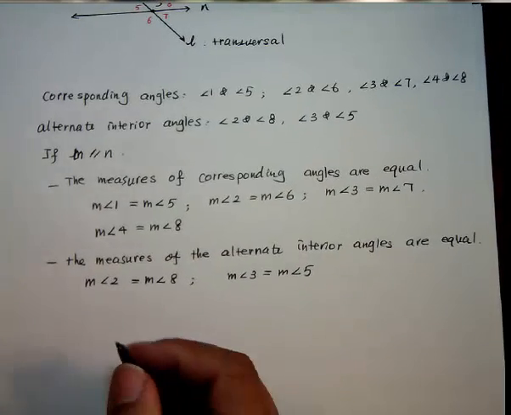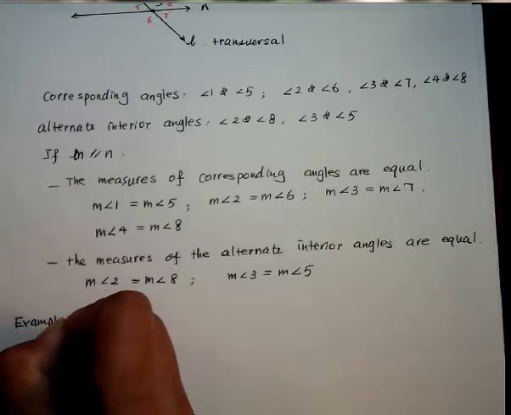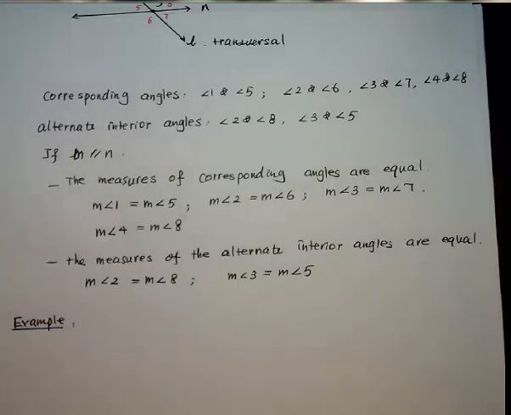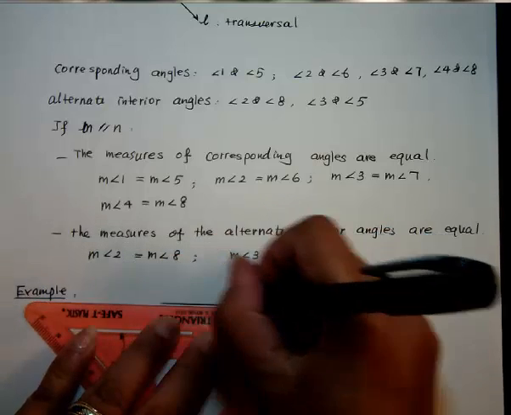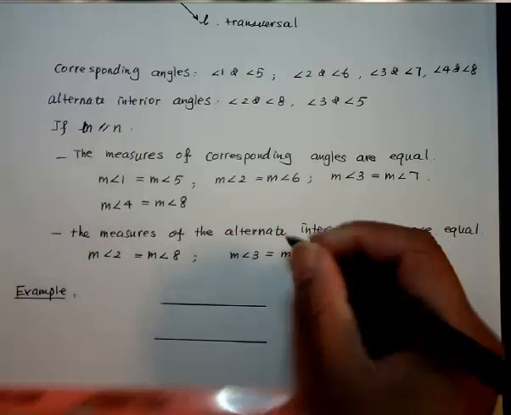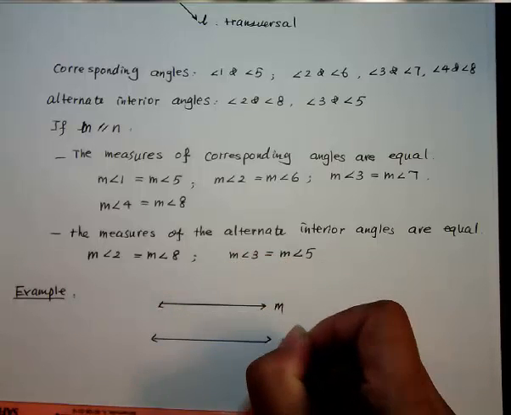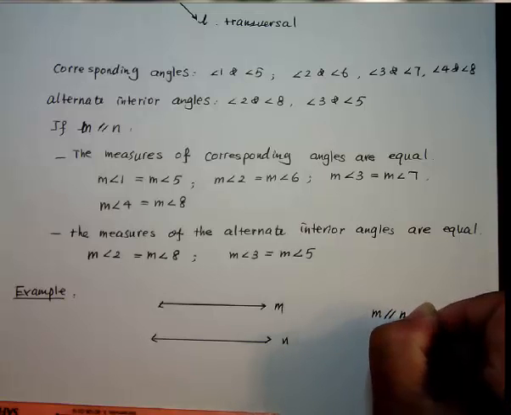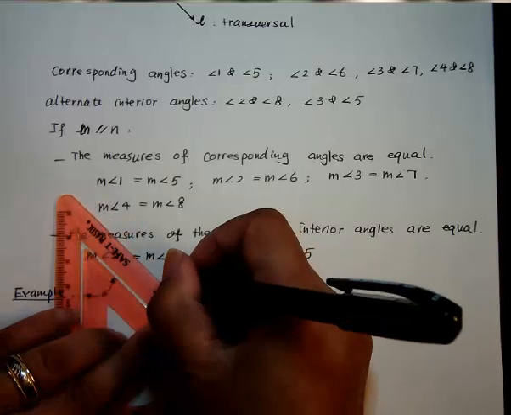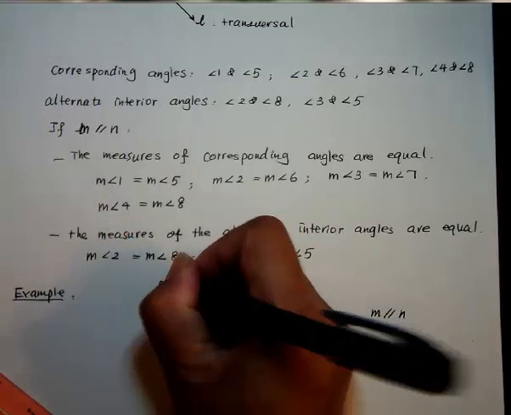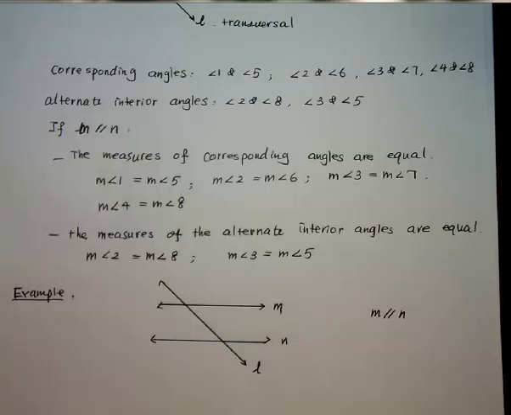Let's take a look at an example. I have these two lines that are parallel to each other. M and N are parallel to each other, and they are both cut by the transversal L. And what else are we given?